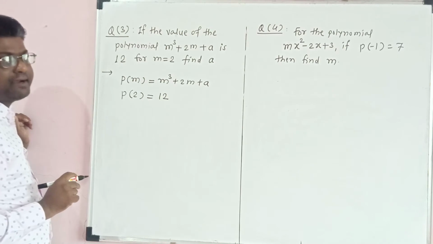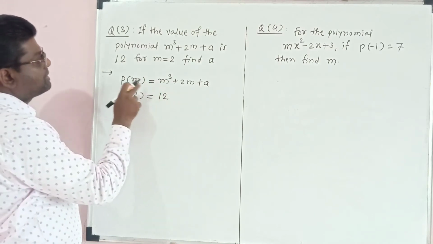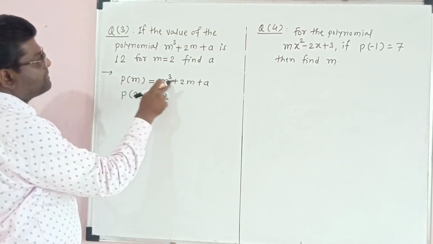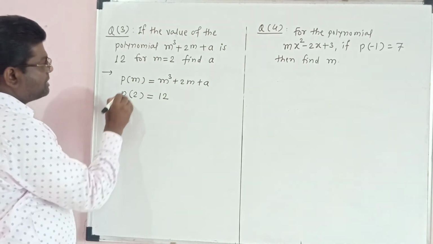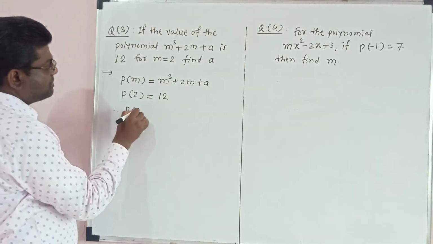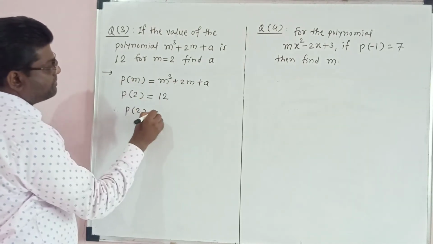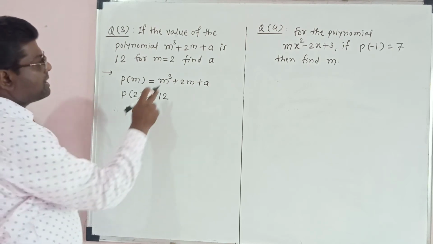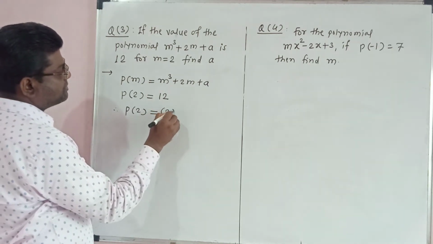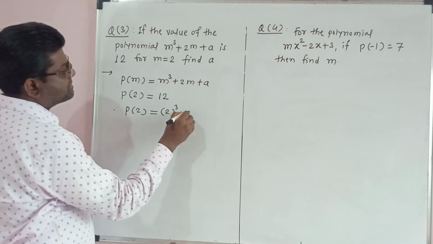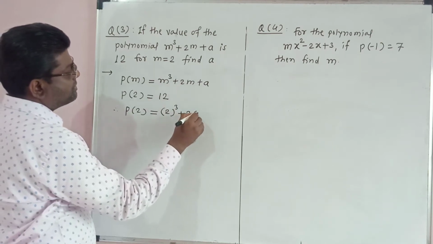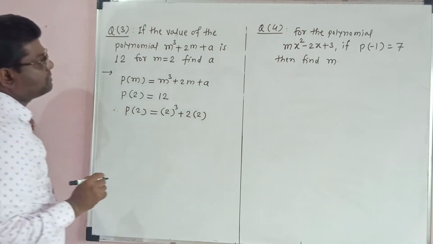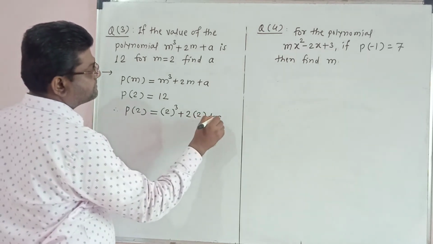Now let's find the value of this polynomial at m is equal to 2. So put m is equal to 2 in this polynomial. So p of 2 is equal to m raised to 3, that is 2 raised to 3, plus 2 into m. Value of m is 2, plus a.